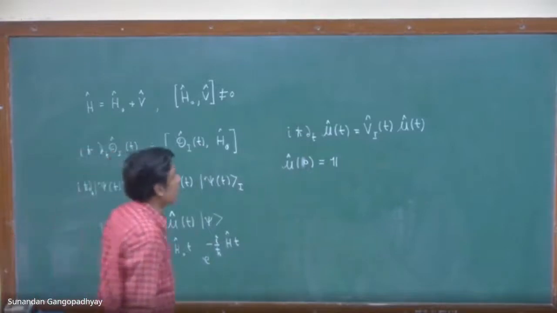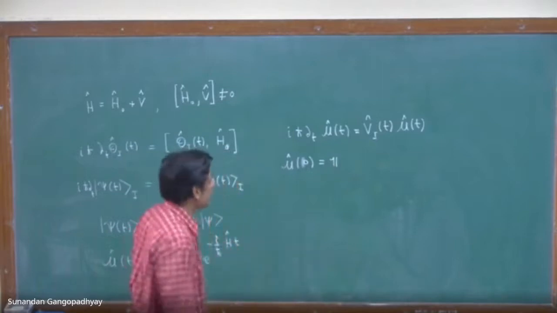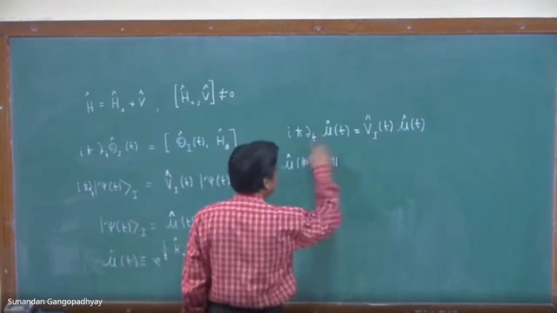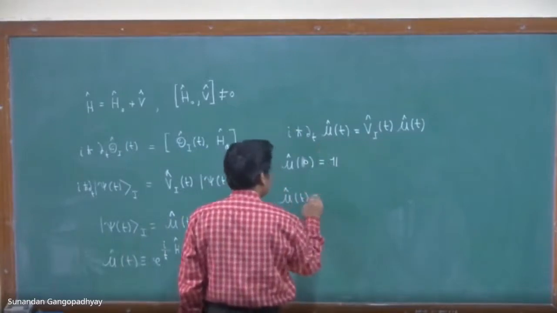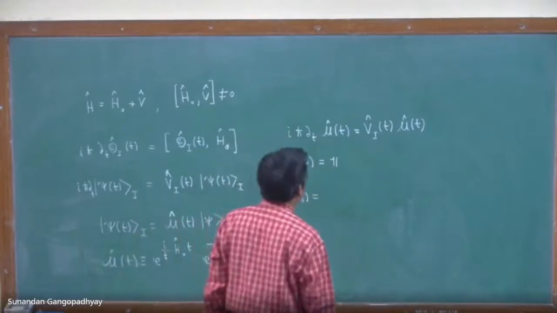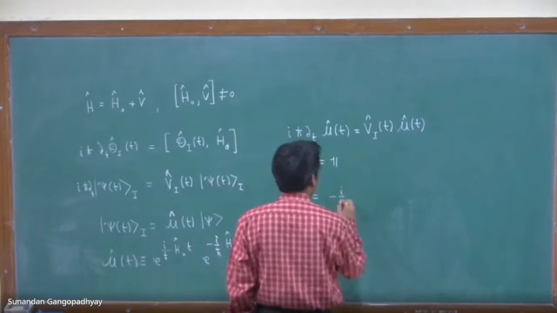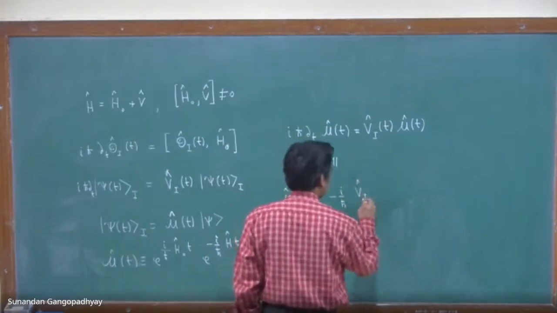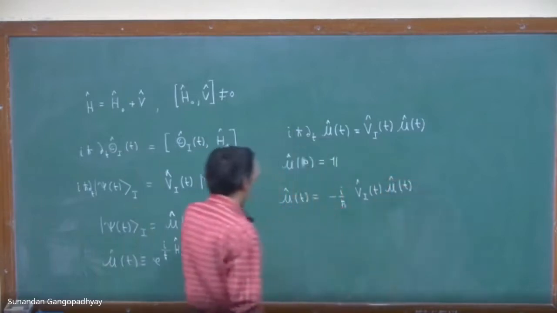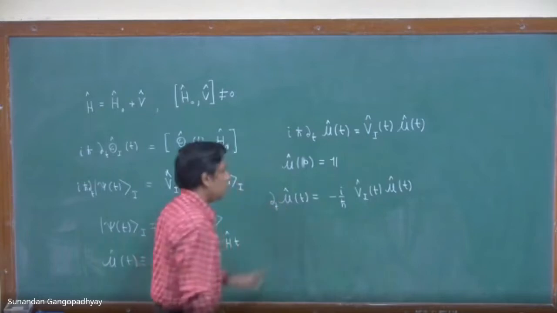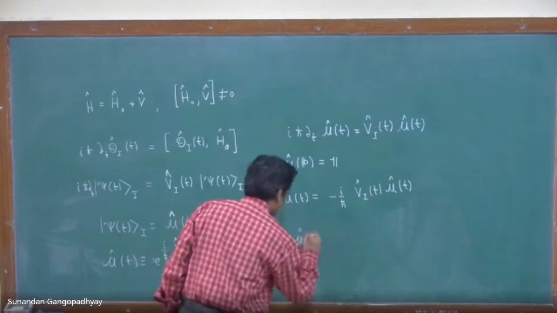So let us try to find a formal solution to this differential equation. What we shall do is write this in the following form: del t U hat t is nothing but minus i by h bar V hat I t U hat t. Therefore if we just integrate, what we shall get is the following.